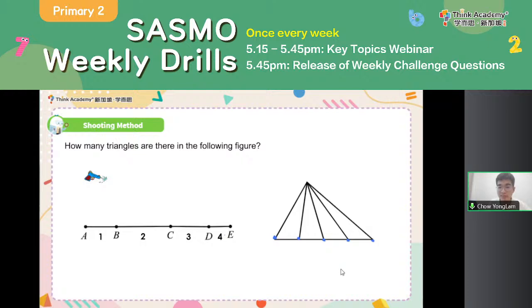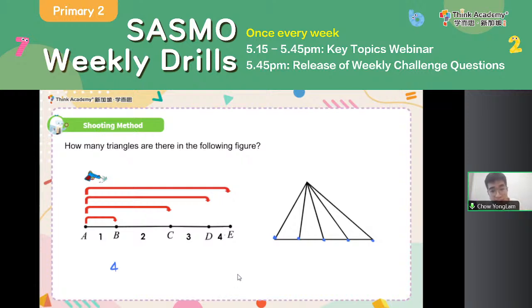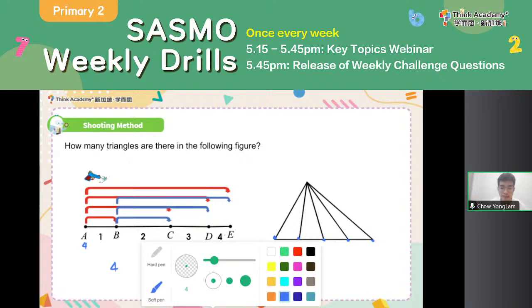If I stand on A, I can shoot to how many different targets? I can shoot to B, C, D, E. So that will be 4, right? Now, do you notice a pattern? If I stand at A, that's 4. If I stand at B, how many line segments can I draw towards the right? That would be 1, 2, 3. So 3 line segments.